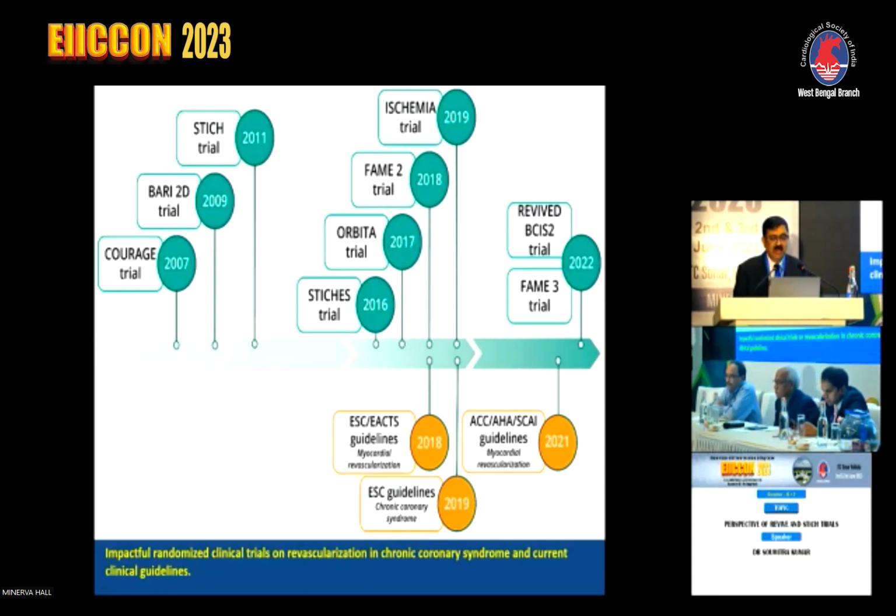And very recently, in 2022, we have had the REVIVED-BCIS2 trial and the FAME 2 trial. Based on this, we have had some of the guidelines, the ESC/EACTS guidelines on myocardial revascularization, ESC guidelines on chronic coronary syndrome, and ACC/AHA guidelines, again on myocardial revascularization.